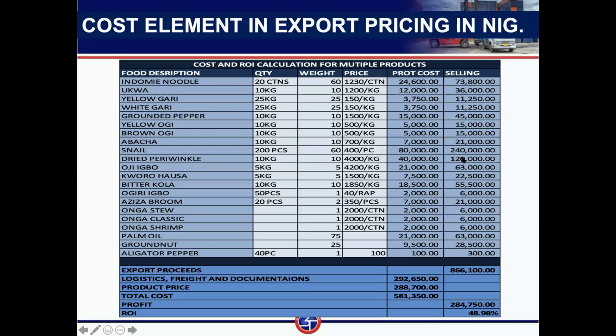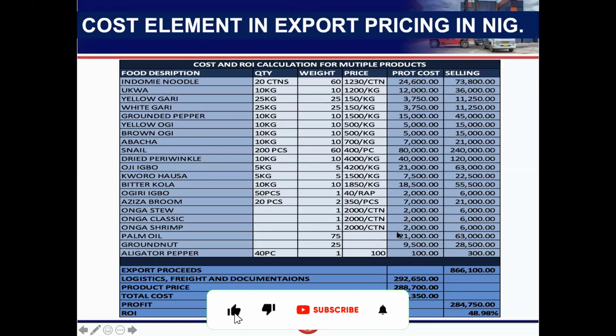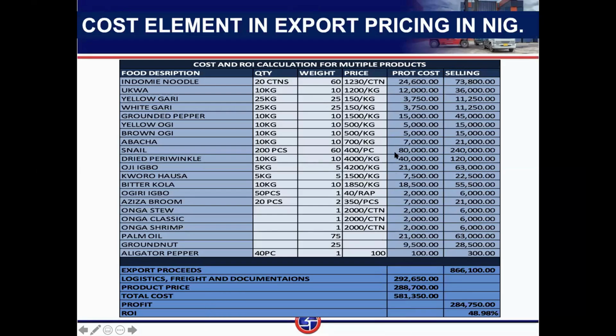What we recommend is to determine the price of the product, then multiply by 3 to get this. Because if you multiply by 3, some will be profitable, some will not, but we are looking at the aggregate. That's why it's called composite pricing.